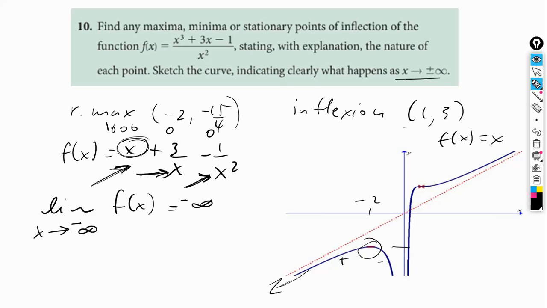It becomes undefined at x equals 0, then comes back up. And this is the point of inflection at 1, 3. And notice that we have this line, y equals x, which works as an asymptote through which the graph goes through once, but then doesn't touch again.